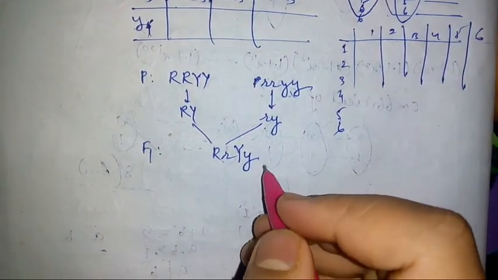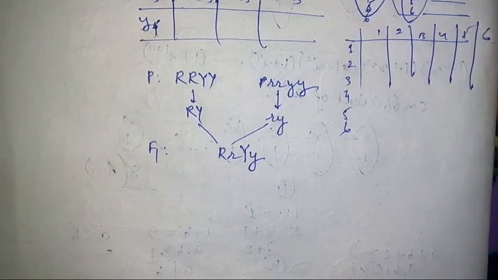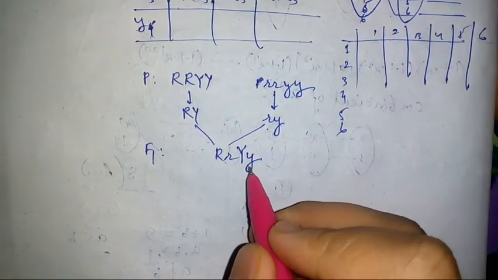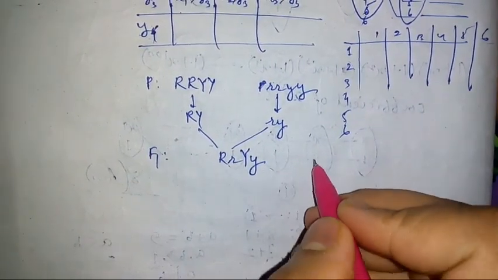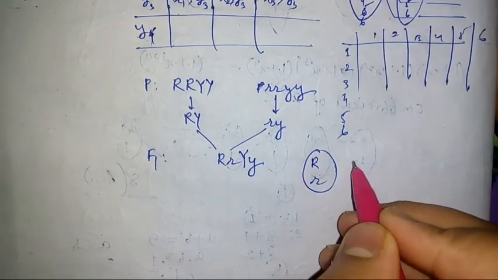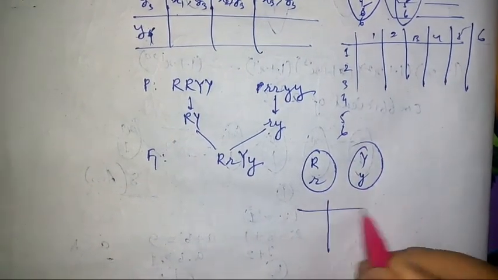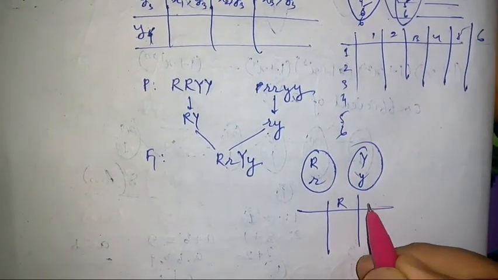So in the F2 generation, first we have to identify the gametes. For identifying the gametes, we have to perform this Punnett Square, that is, from capital R small r and capital Y small y, we have to find the crosses. That's a Cartesian product.